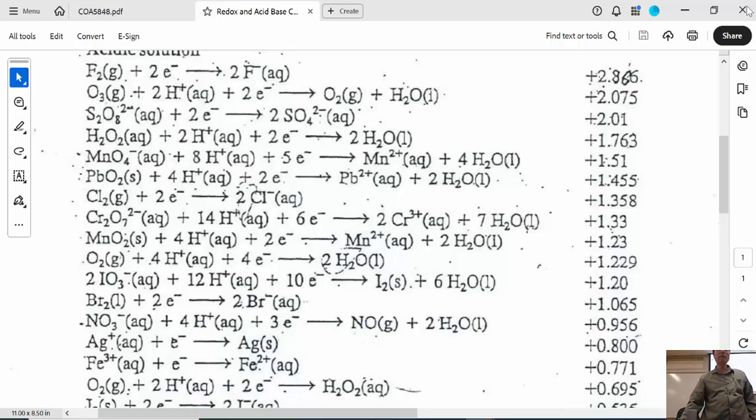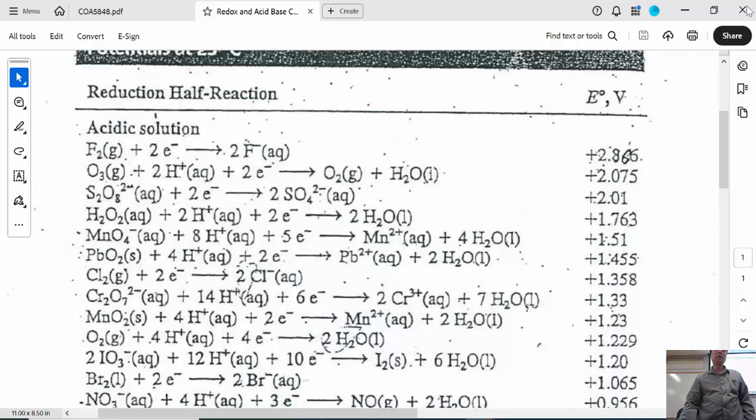What is number 3 on the top oxidizers? If we look at number 1, everybody should know the number 1 oxidizer is fluorine. Is this the most powerful oxidizer in the universe? No, it's not.